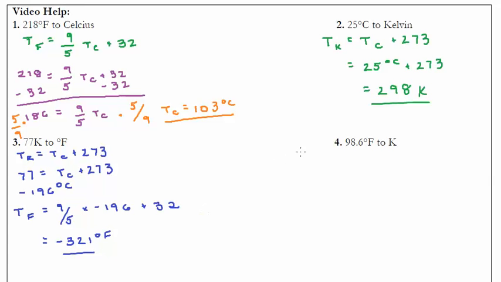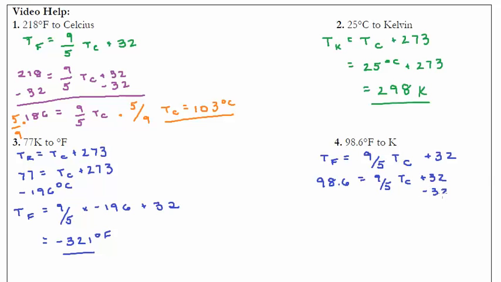Okay? For the last one, I'm now going from Fahrenheit, body temperature, into Kelvin. Well, I'm going to start off with TF equals 9/5 times Tc plus 32. So I'm going to plug in 98.6 here. That equals 9/5 times Tc plus 32.